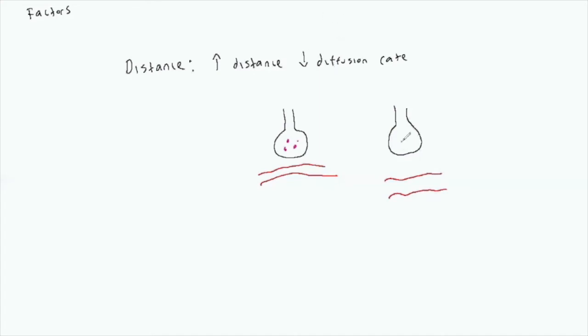What's going to happen is it's going to take the oxygen longer to get from the alveoli to the blood. So the rate of diffusion is going to go down because the distance has increased. So the greater the distance, the slower the rate of diffusion. That's why it's really not good to have the space increased, because it's going to delay the rate that oxygen gets into the blood.